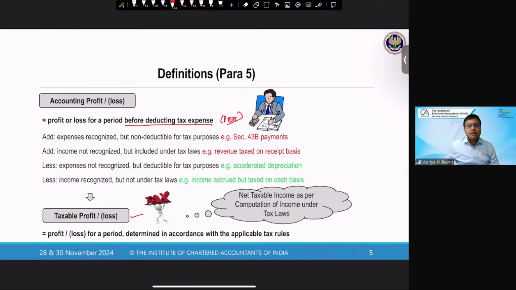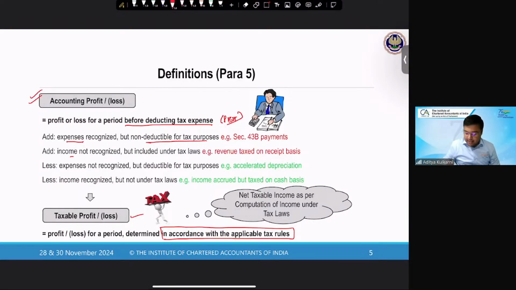It is the profit or loss for the period determined in accordance with the applicable tax rules. That means I start with accounting profit and add certain expenses which are non-deductible for tax purposes. Example, that interest we saw under 43B. It will be allowed only when actually paid. So that could be one.